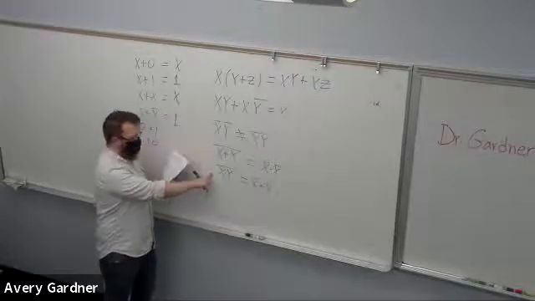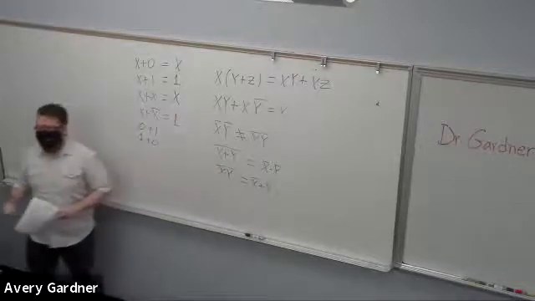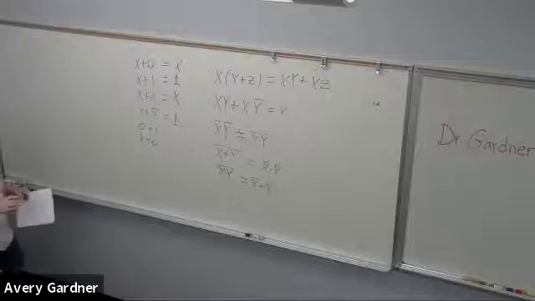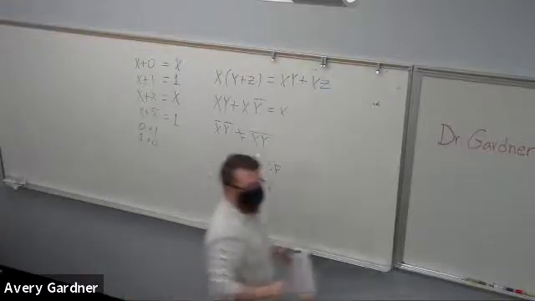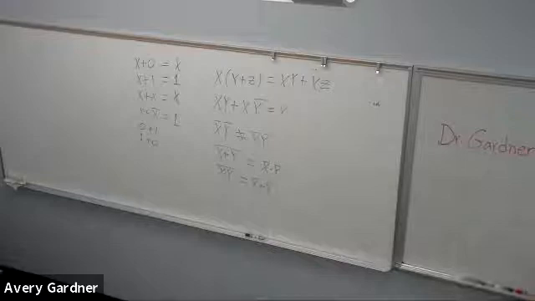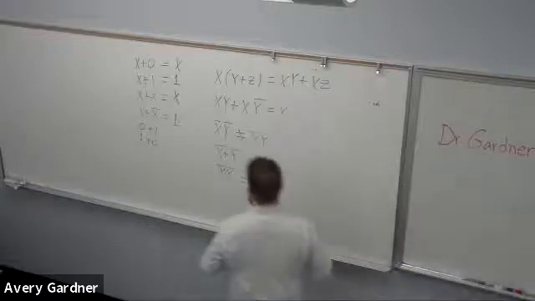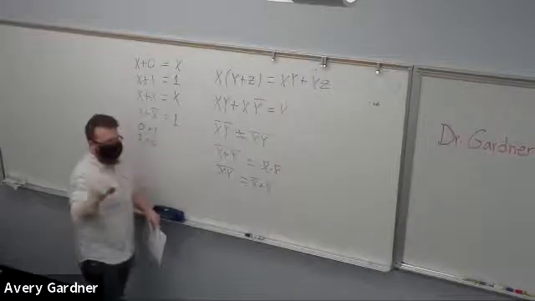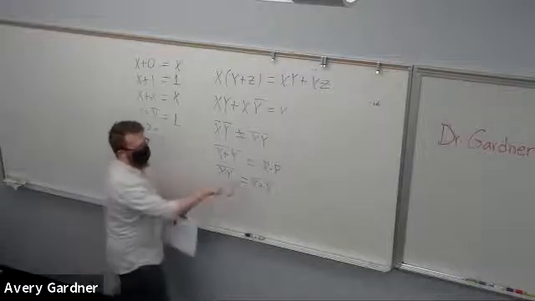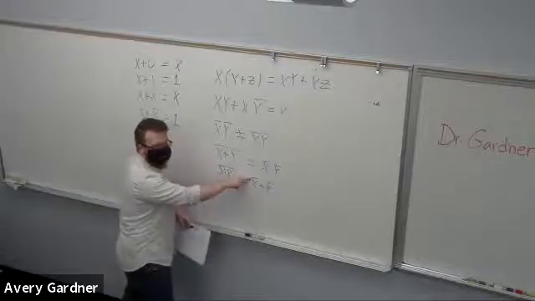I'll go over an example right now of using De Morgan's theorem for simplification. Can I ask real fast, when you say invert, what does that mean exactly? Invert is the concept of zeros become ones, ones become zeros. In this case, we put a bar over the top saying not.